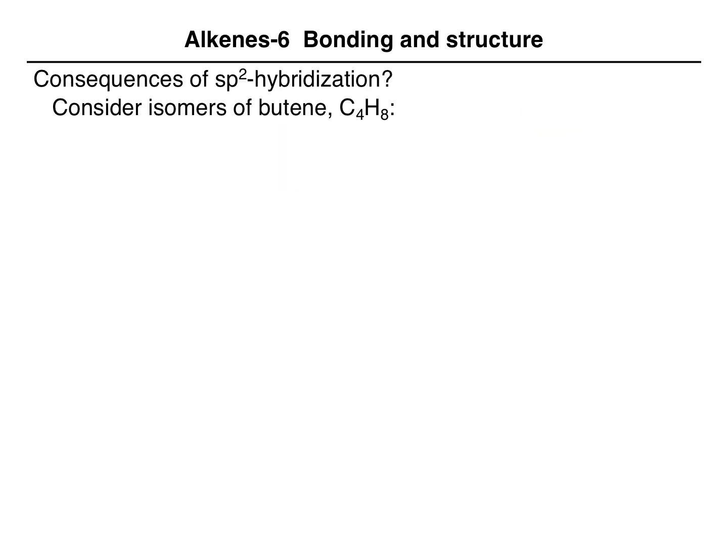Now let's think about some of the consequences of sp2 hybridization and having a double bond. If we were to consider isomers of butene, C4H8, we could have this where we have a CH2 double bonded to a CH, CH2, CH3.